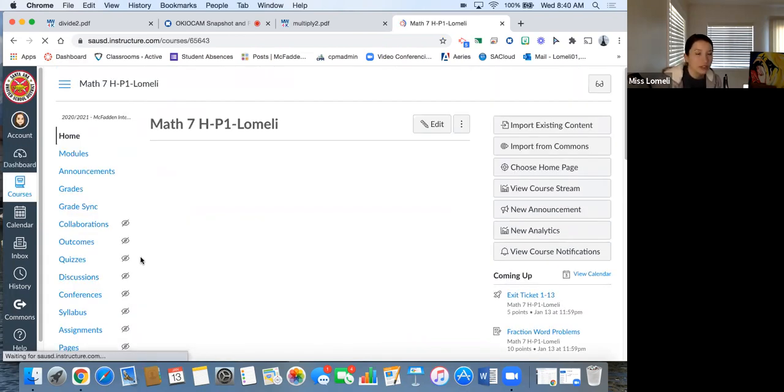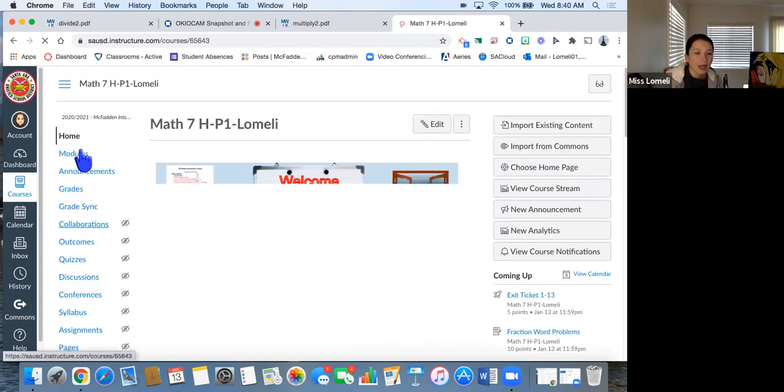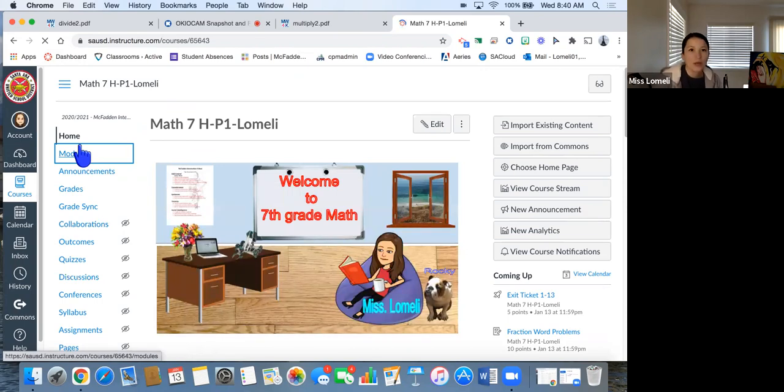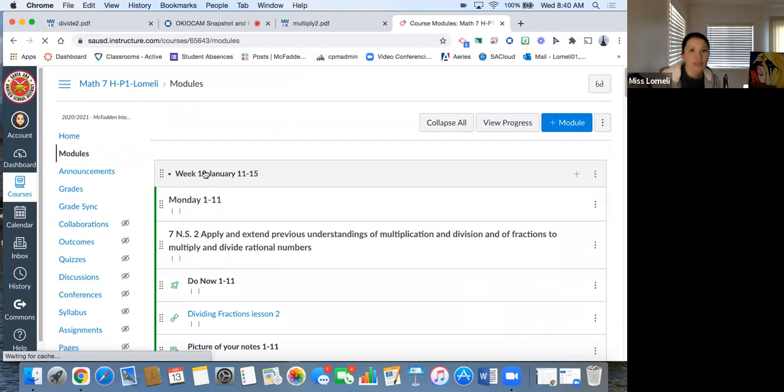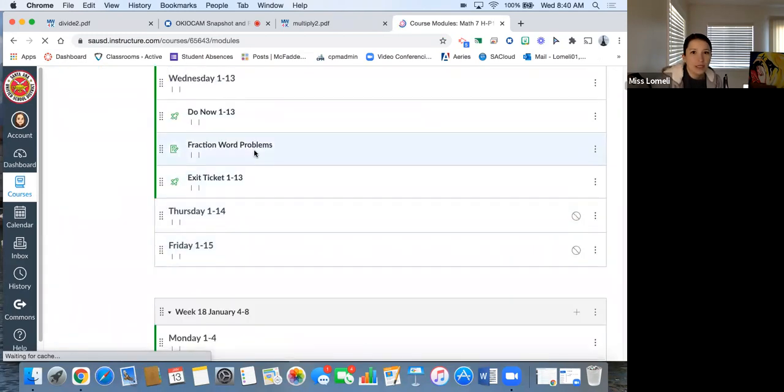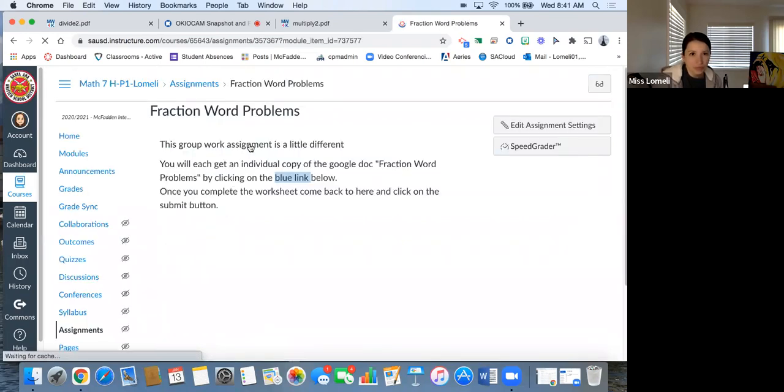And I usually put you in teams of 4 and you guys work and whatnot. Well, today, in the last 15 minutes that are left in class, the format's different. If you click on fraction word problems, this group assignment is a little different.